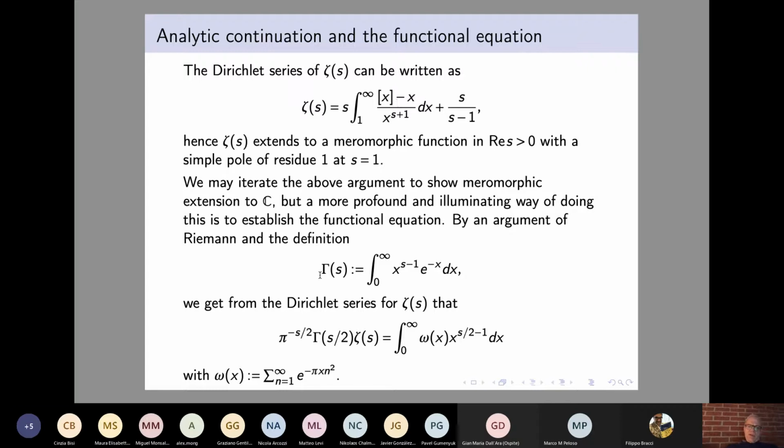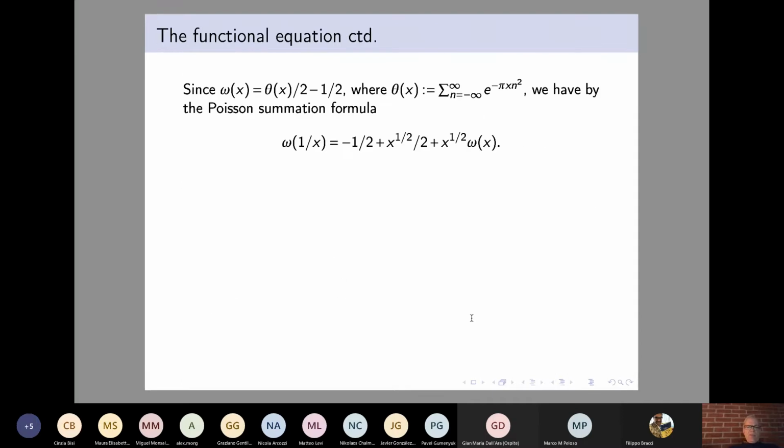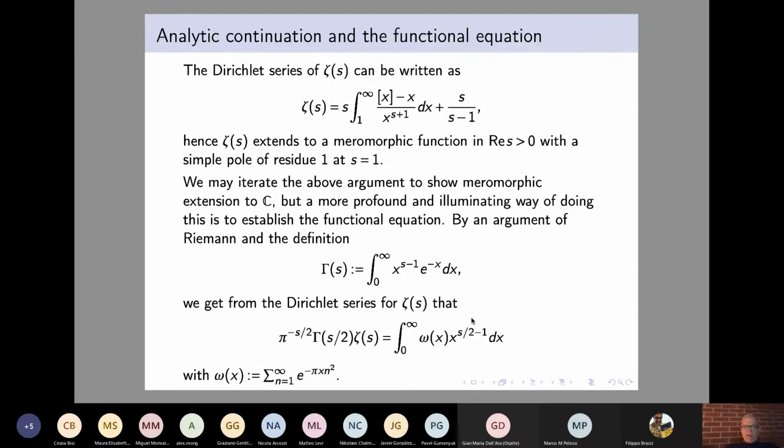We start from the definition of the gamma function as an integral from 0 to infinity of x to the s minus 1 against e to the minus x. And if we do this termwise in the additive definition of zeta in the Dirichlet series, we get this equality here.